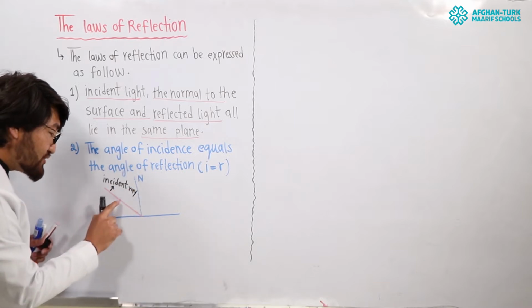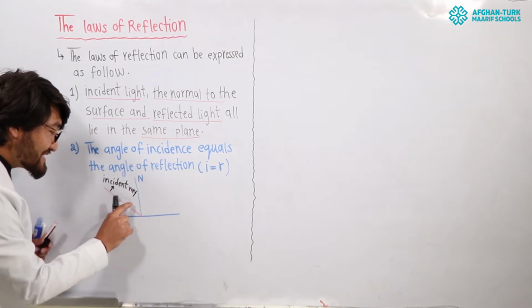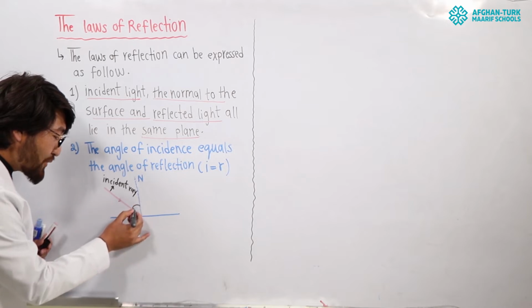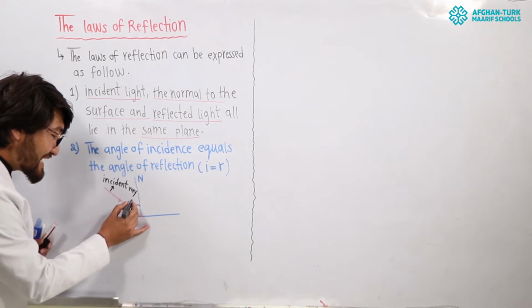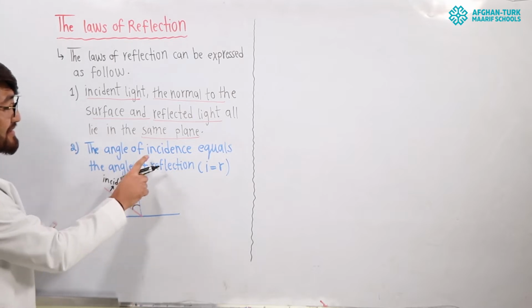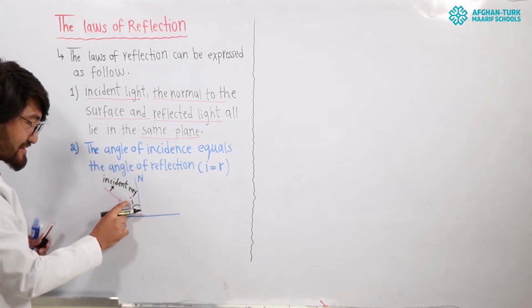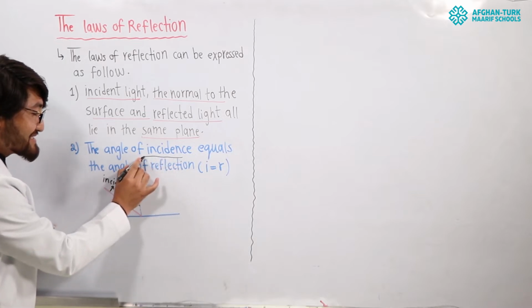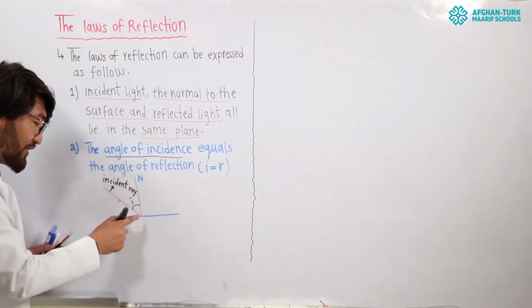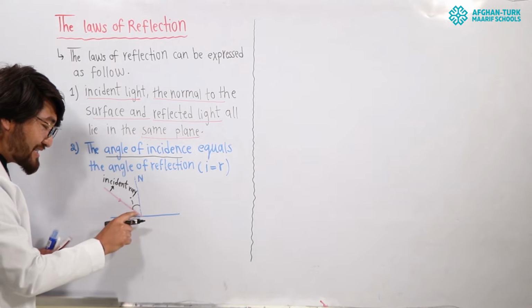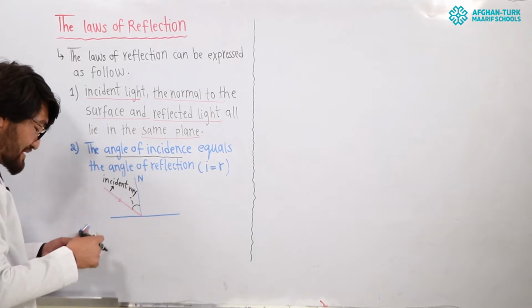And you can see the incident ray makes an angle with the normal. This angle is called the angle of incidence. And you know that the incident ray strikes the surface.